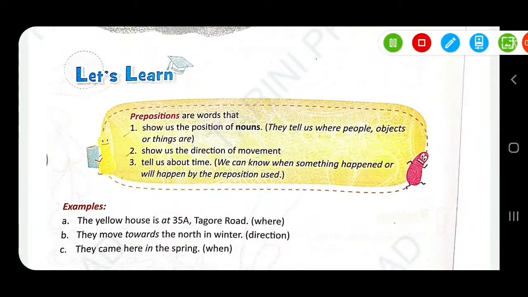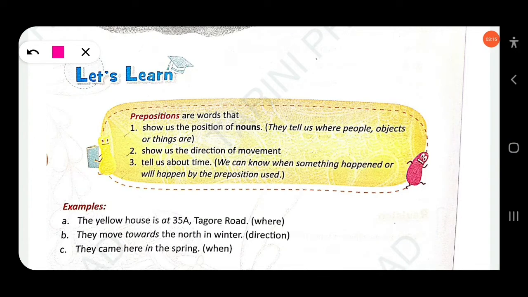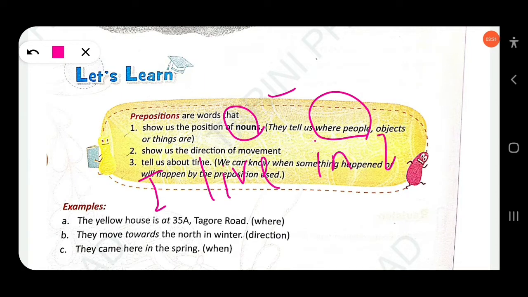Prepositions are words that show us the position of nouns or pronouns in a sentence. They tell us where people, objects or things are. Take an example: I live in India. Here in is used before the proper noun India.